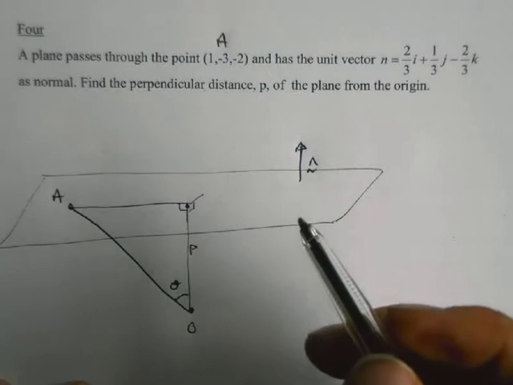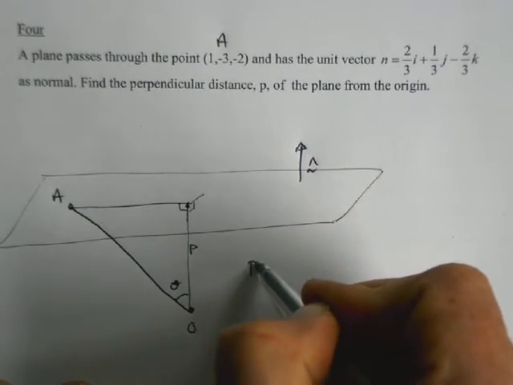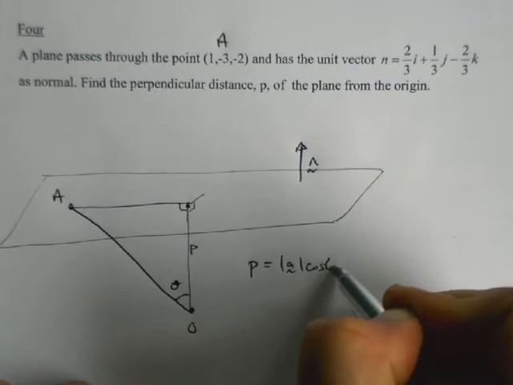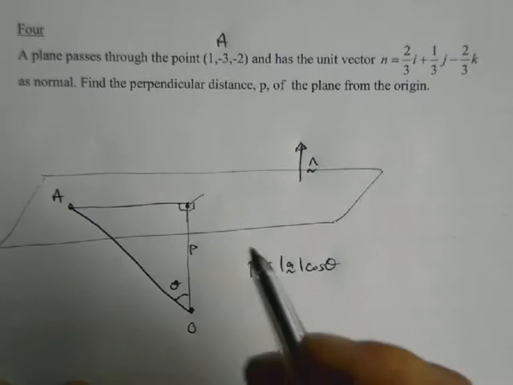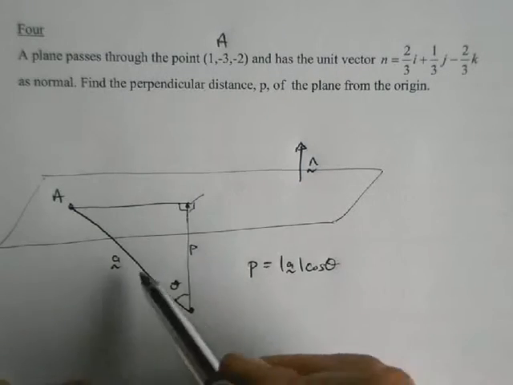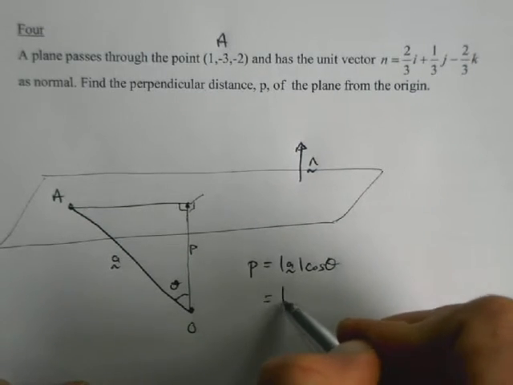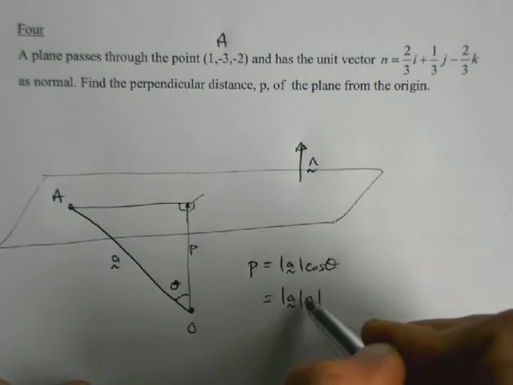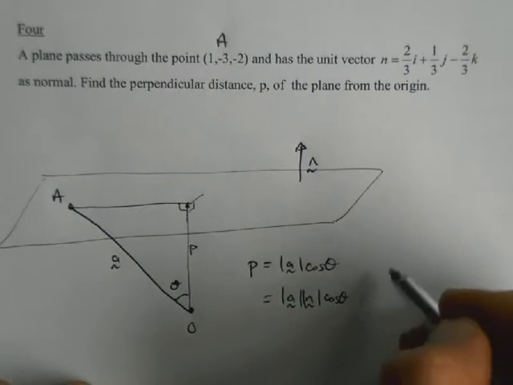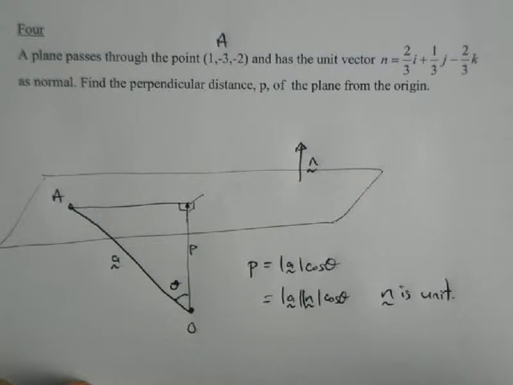And, by a simple trigonometry again, we have that the length of P is equal to the modulus of A times the cosine of theta, where A is going to be the position vector from the origin to the point A, and just using SOHCAHTOA tells us that P is the modulus of A times the cosine of theta, which is equal to, subtle trick again, the modulus of A times the modulus of N times the cosine of theta, because N is the unit vector again.